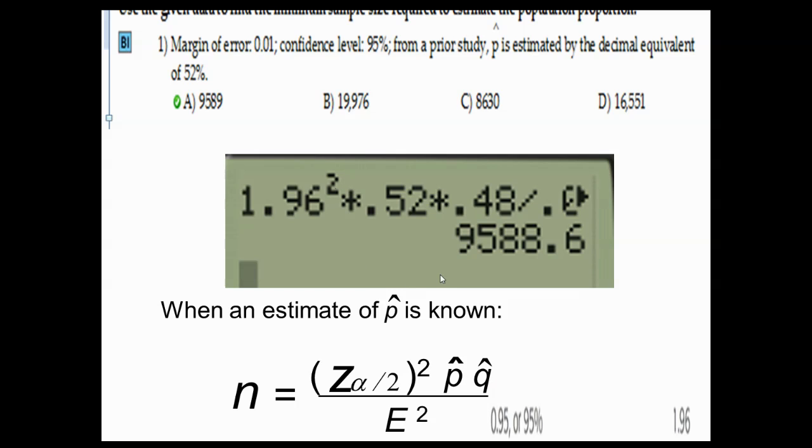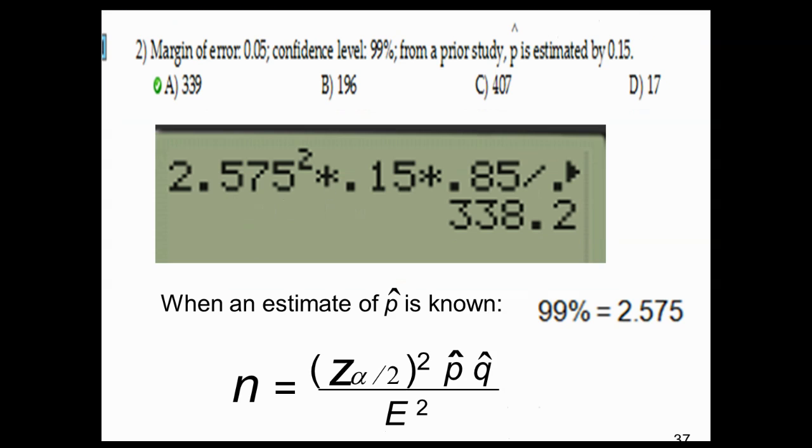P hat times q hat, 0.52 times 0.48, divided by the error, which is 0.01, and making sure that I square that. You can't see it over here because of the limitation of the screen. 9,588.6, rounded up to the next highest number, 9,589.